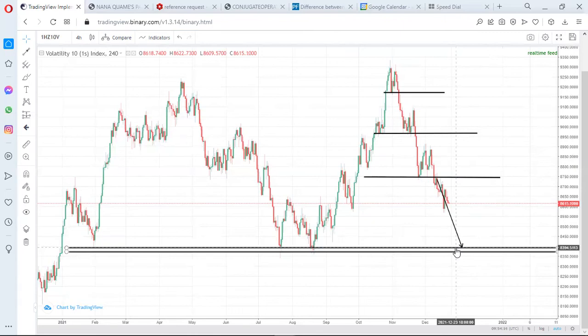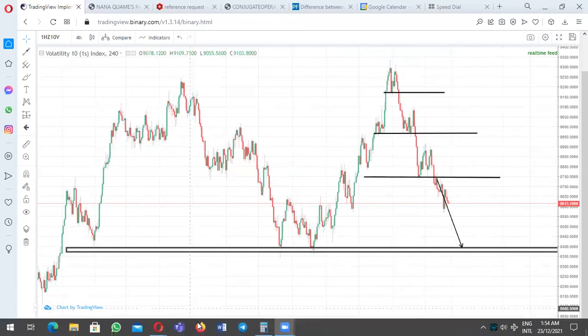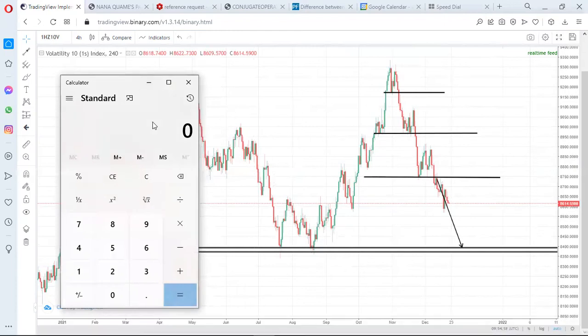So our entry point is 8744, and our target is at 8394, and that is 350 pips.